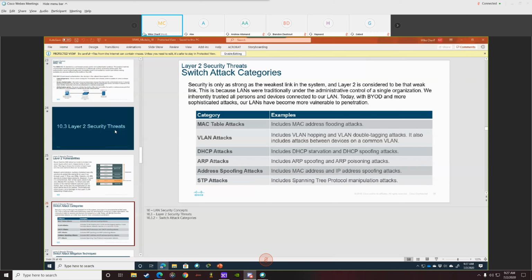The switch has a limited amount of memory, so they flood the MAC address table with a lot of false MAC addresses, and that will cause the switch to go crazy. Then a user wants to access a server and cannot access it. This is what causes denial of service.